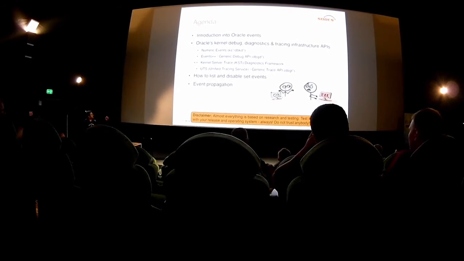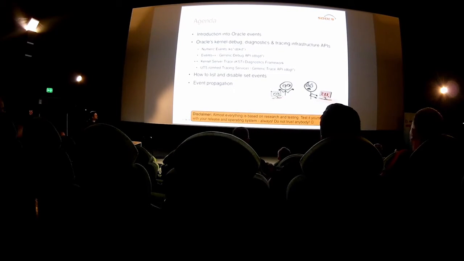Then we have the events++, which is also known as the generic debug API, and C functions start with a dbgd prefix. And there is also the kernel service trace diagnostic framework, but this is not directly related to this new diagnostic tracing infrastructure. But we will cover it briefly because the UTS interface can use this KSD diagnostic infrastructure.